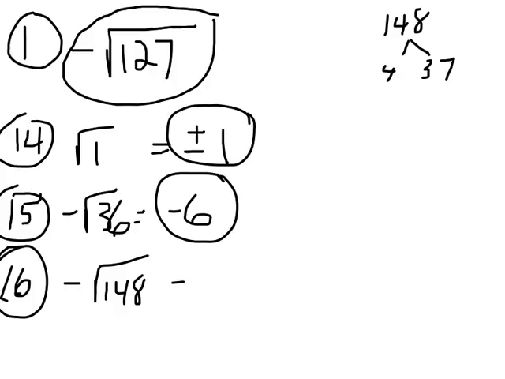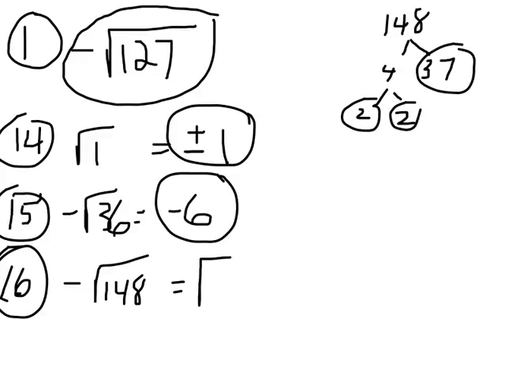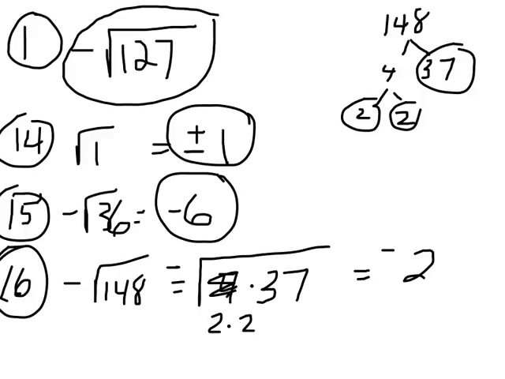So what I'm going to do, I could write this as a prime factor if I wanted to and say 2, 2, 37. Could I also have said 4 times 37? Yes, because I could have said the square root of 4 is 2. So I could have put 2 times 2 here and said there's 2 2s, so they both get to get out as a pair of 2s, or I could have put the square root of 4 as 2.